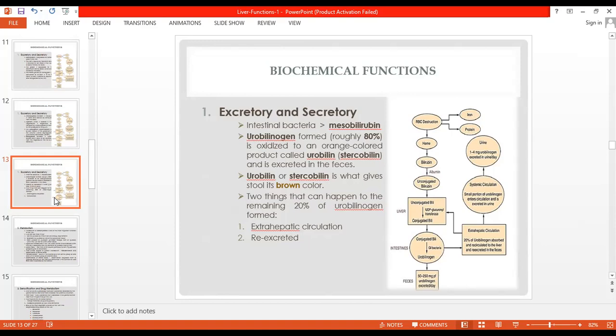The healthy adult has very low levels of total bilirubin, 0.2 to 1.0 milligram per dL in the serum, and of this amount, the majority is in the unconjugated form.